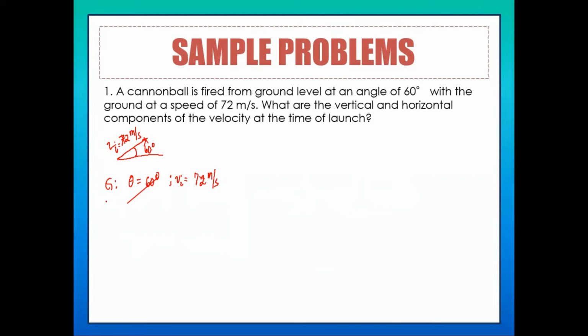Okay, so we are asked to compute for the vertical and the horizontal components of velocity. So your vertical is your v sub iy and your v sub ix.